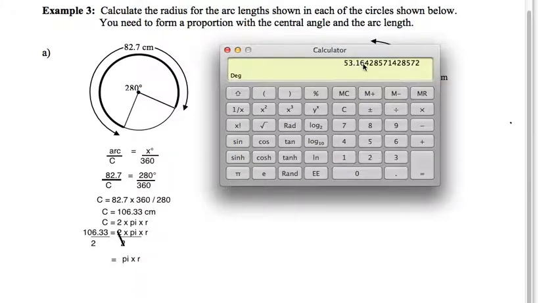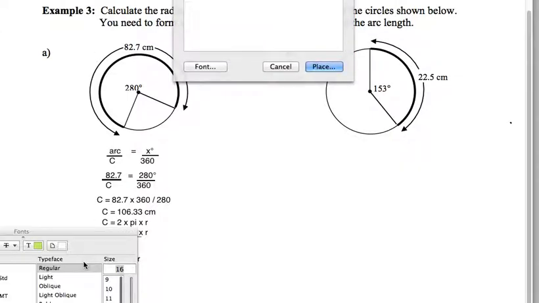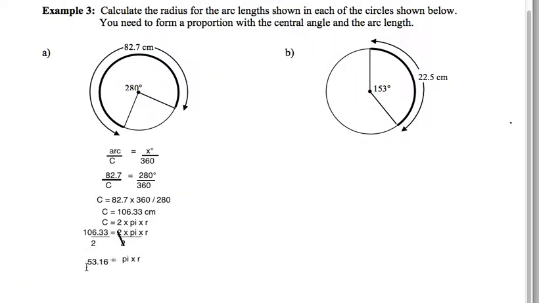Now I've got 53.16. And if I know that 53.16 equals pi times r, and I want to isolate r, then I divide both sides by pi here.